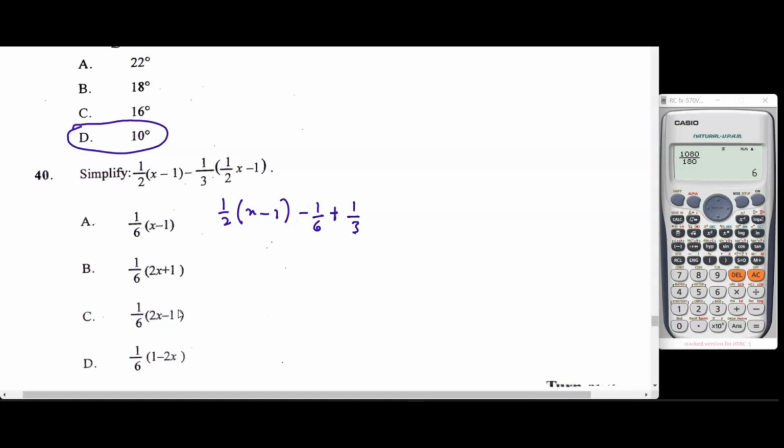Then we can find the LCM for all of them. We could have done that early on, and the LCM is going to be 6.